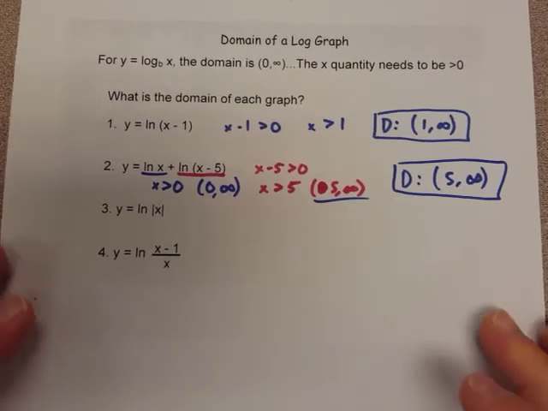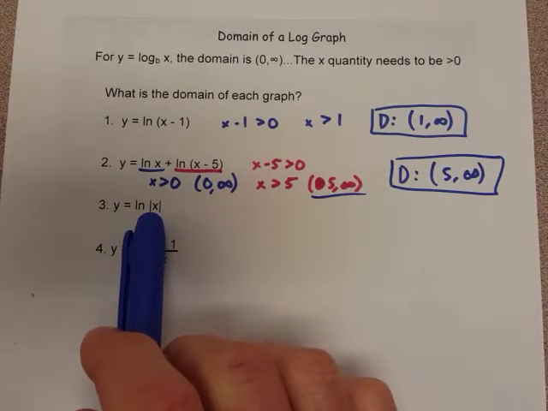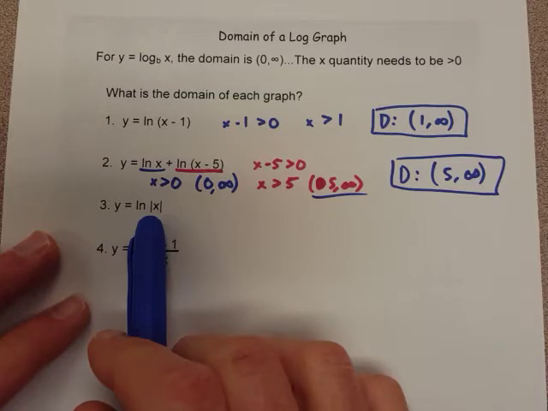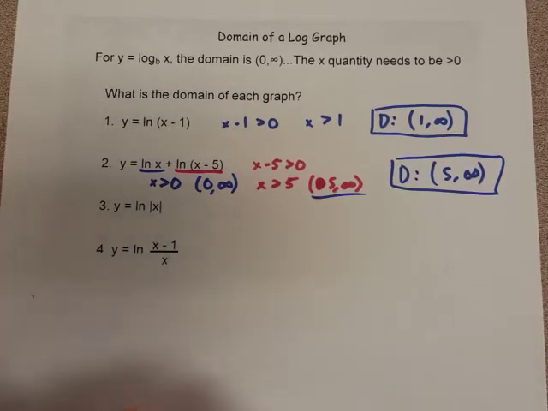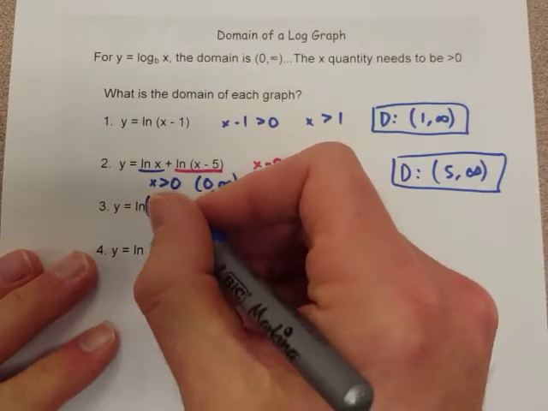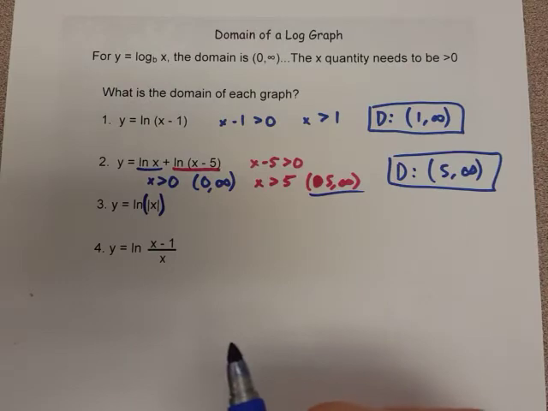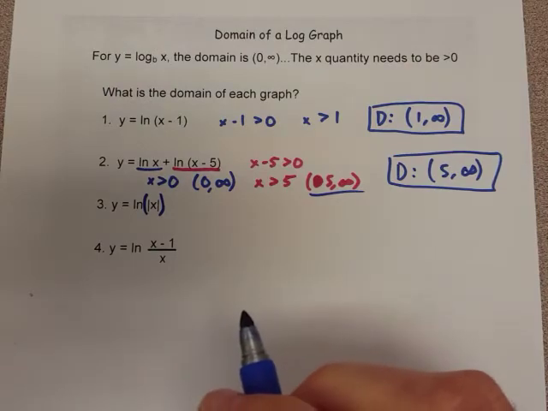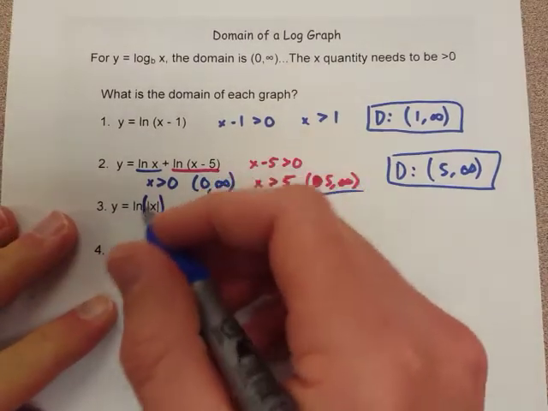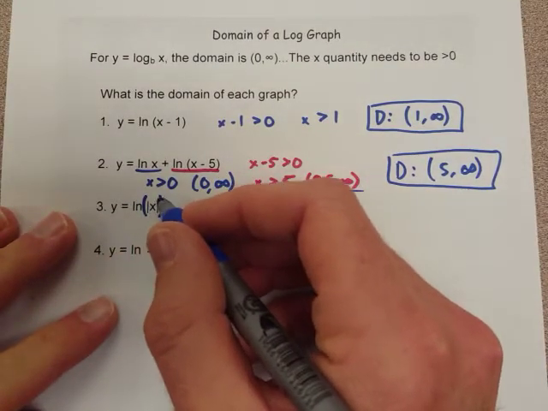Number 3, you'll notice, is a little different because it's got an absolute value on there. When we have absolute value, remember that what comes out of that is always going to be a positive. So when we're setting this one up, we can think about this as being inside parentheses. We just have to have it where x is a positive. That means, where x is not 0.